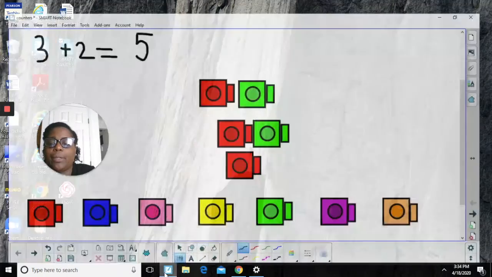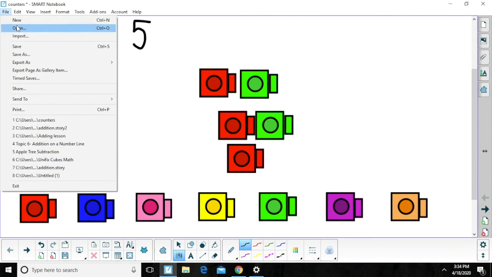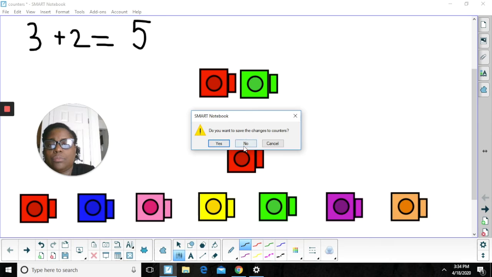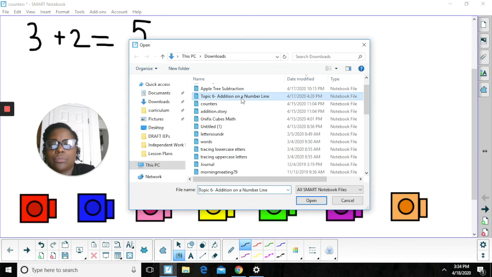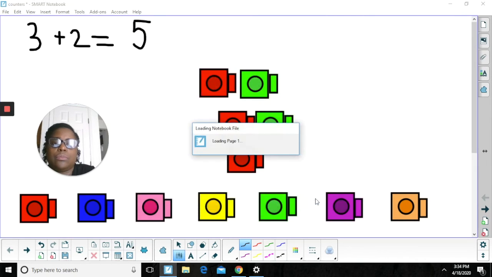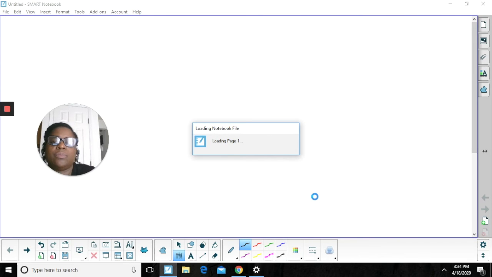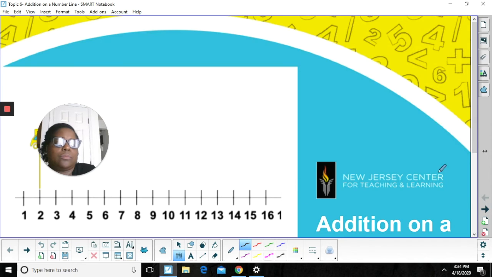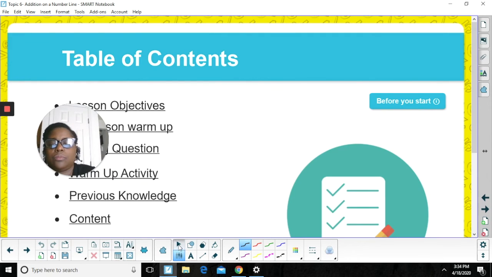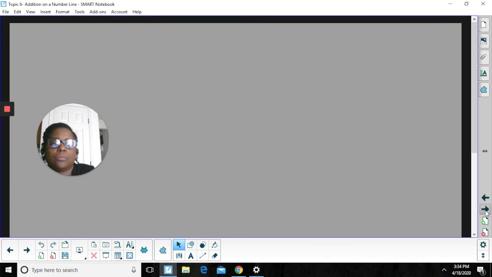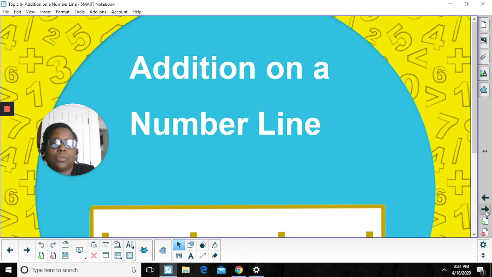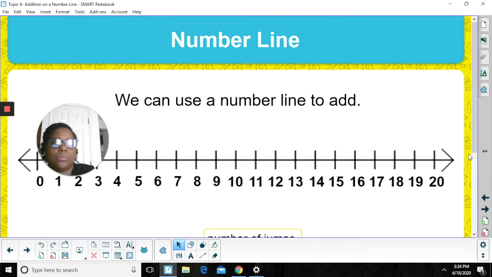And you can make your own number line. Okay, you can make your own.